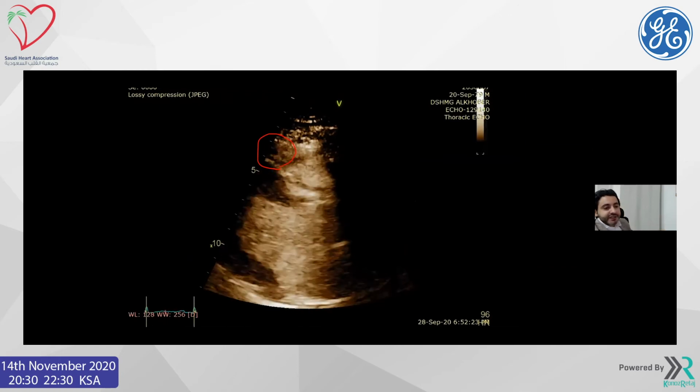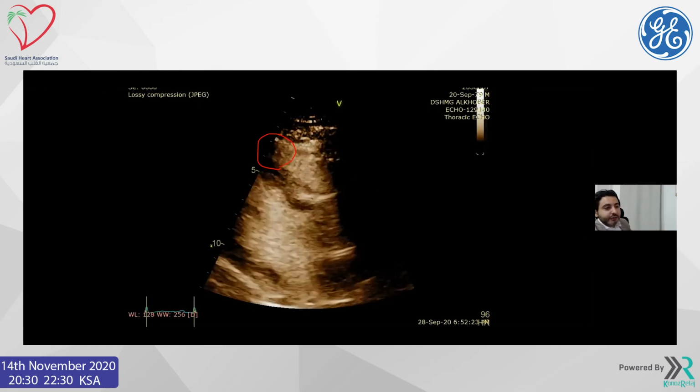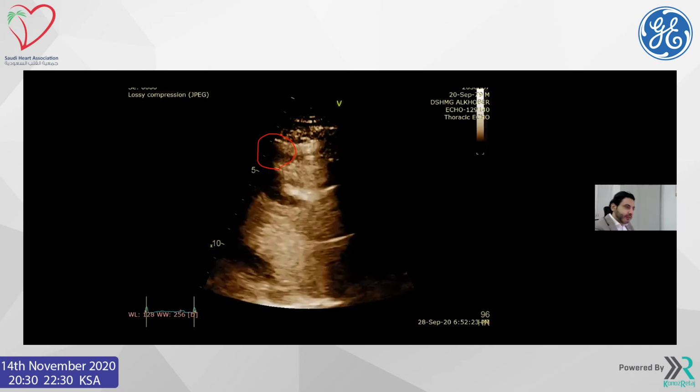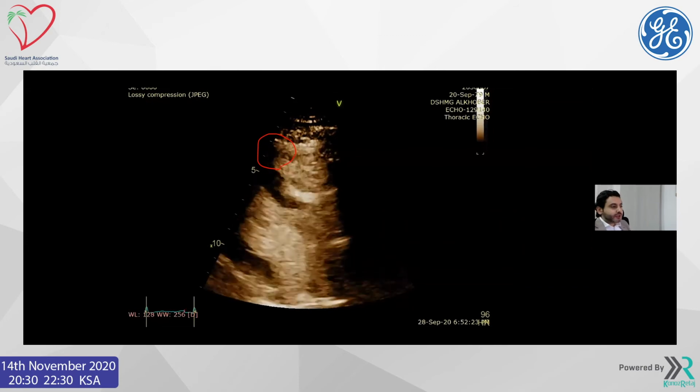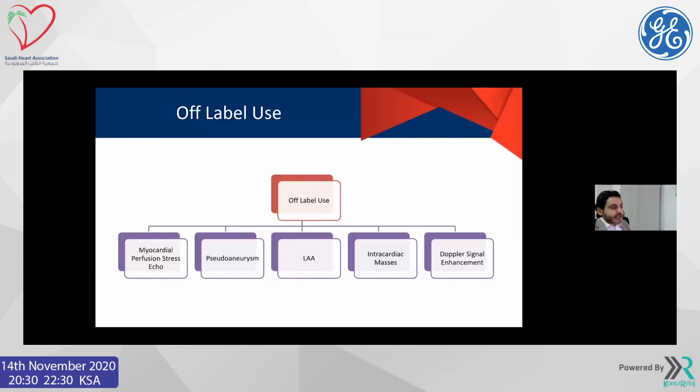Now, all of this is related to LV opacification. That is the labeled use of contrast. We now have off-label uses of contrast. We have myocardial perfusion stress echo. We can use it in pseudoaneurysm, where we see contrast leave the LV going into the pericardium, and in left atrial appendage and intracardiac mass evaluation.